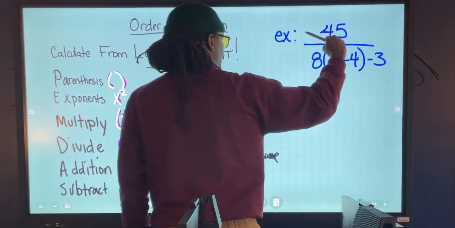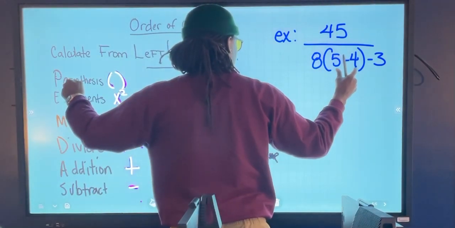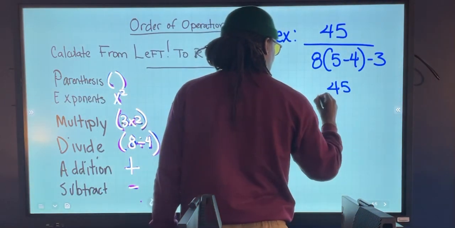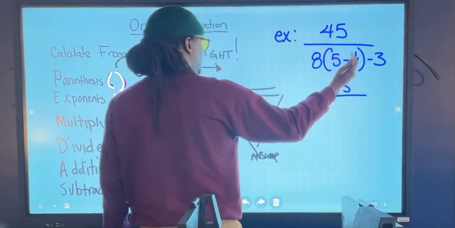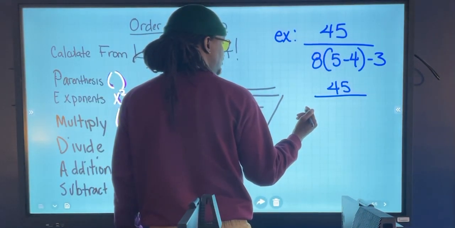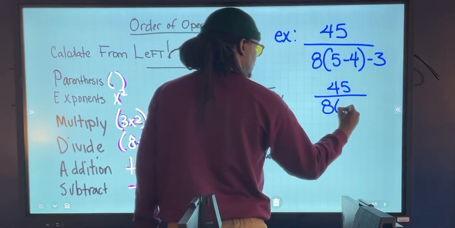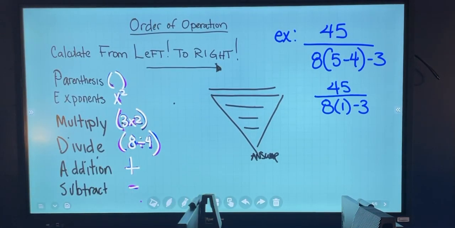So before we divide, we're going to first take care of the parentheses that we see here, then the multiplication. So when you solve this, you should keep the 45. In my denominator, my parentheses is telling me to do what? Making this 1. So now it's 8 times 1 minus 3. That was your parentheses you just knocked out. Any more parentheses? Do we have any exponents?